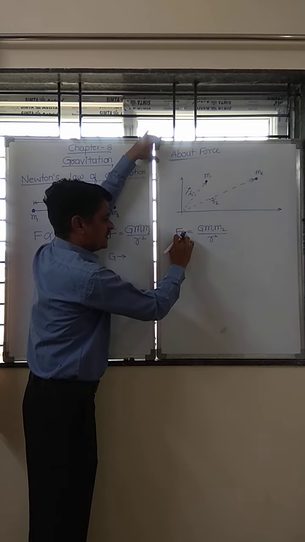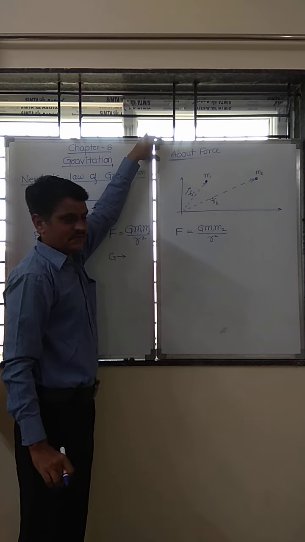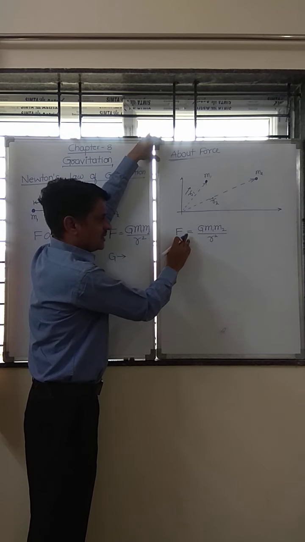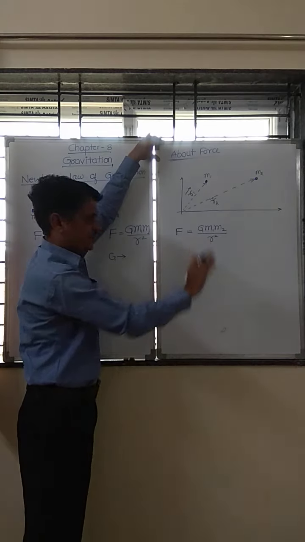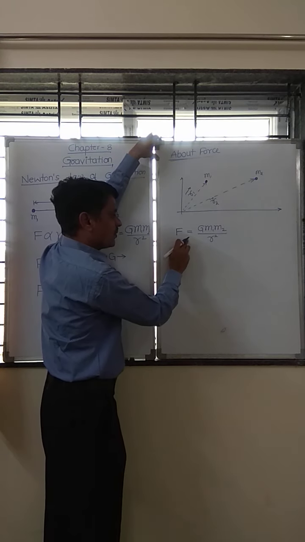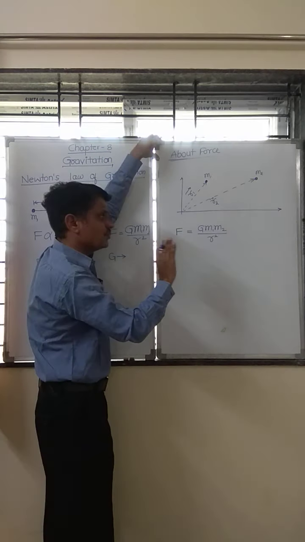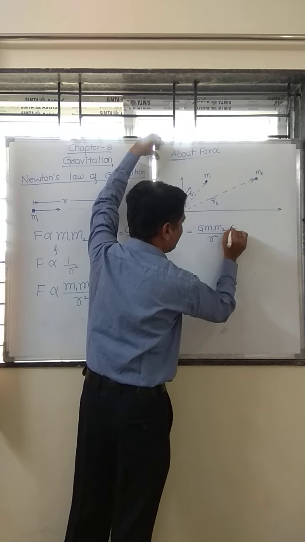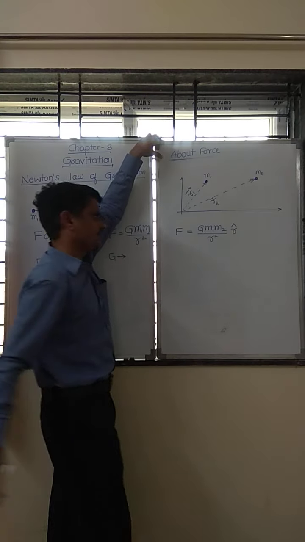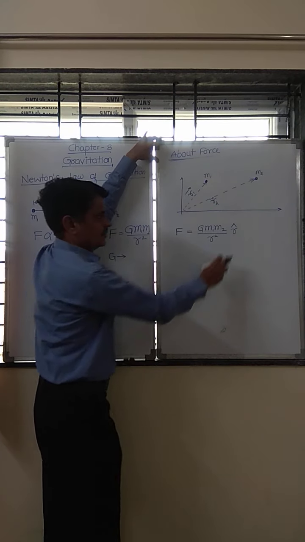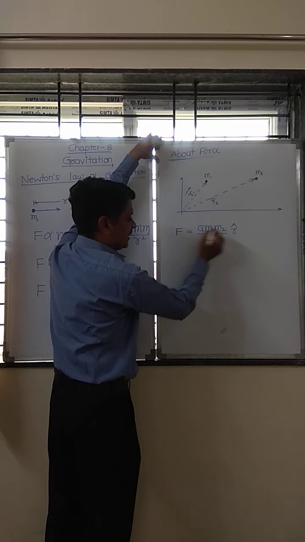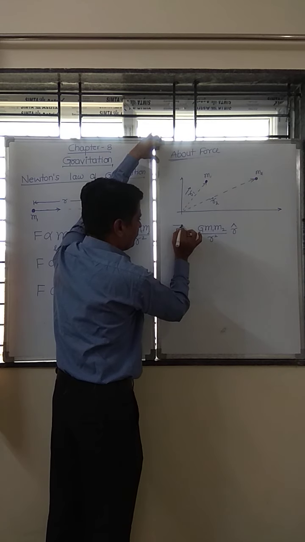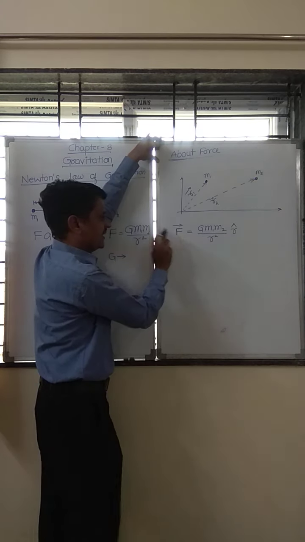As I told you in previous classes, this is in scalar form, with no direction. To provide the direction without changing the magnitude, we have to multiply by a unit vector. This r cap is a unit vector. When you multiply by a unit vector, F gets a direction.